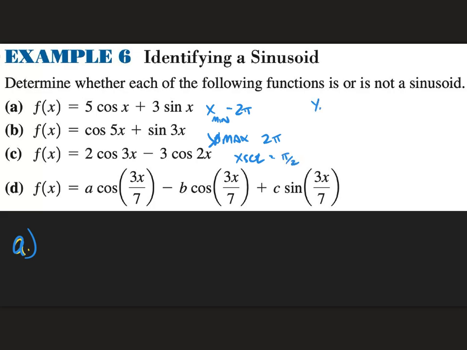Your Y min is going to be negative 10, and your Y max is positive 10. And you're going to see this graph.